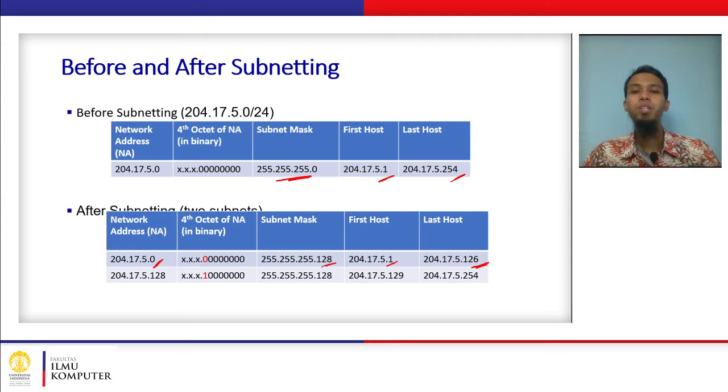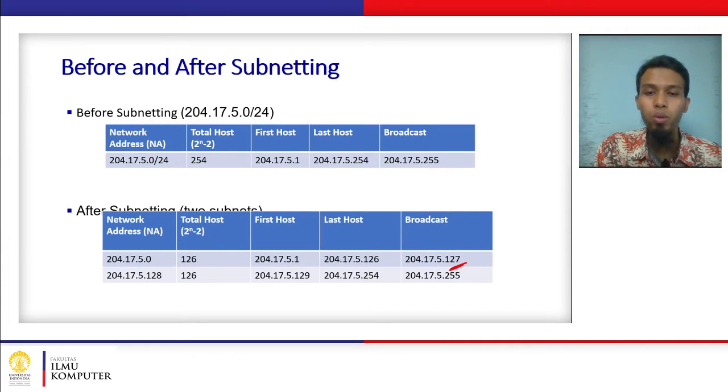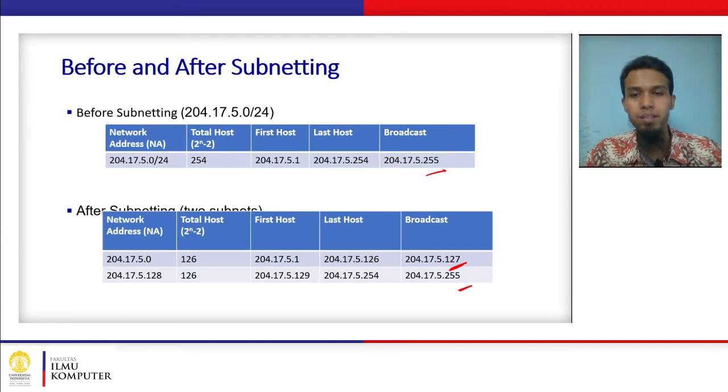This is for the first subnet. For the second subnet, the network address is .128, and the broadcast address is .255, which is the same as the original broadcast address.